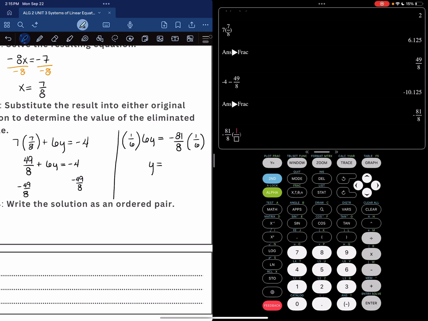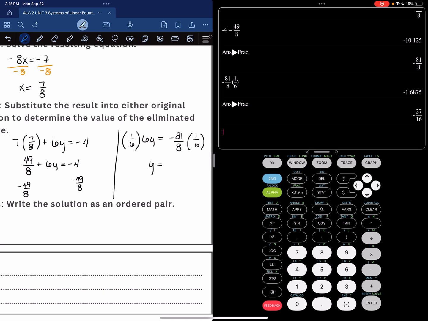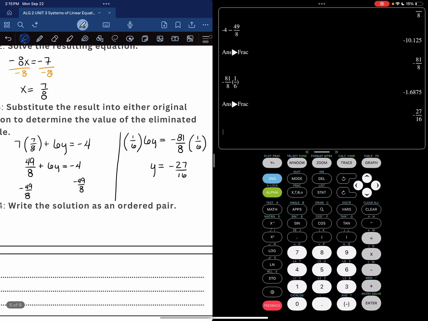Then I'm going to multiply it by 1 over 6, and again express that as a fraction. And we have negative 27 over 16. So our solution, the x value was 7 over 8 and y was negative 27 over 16.